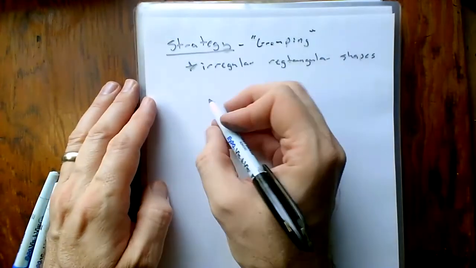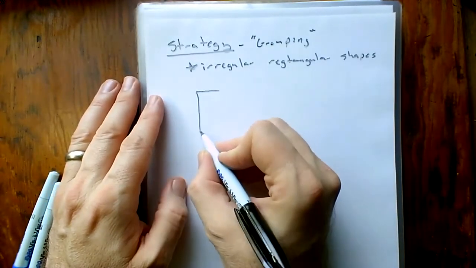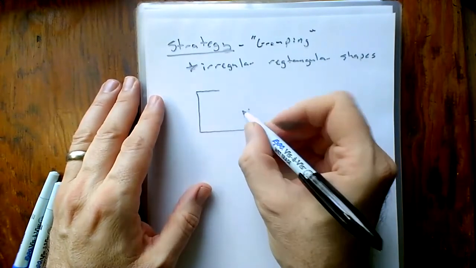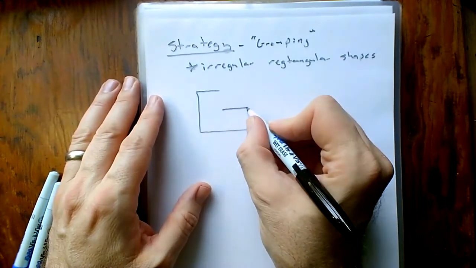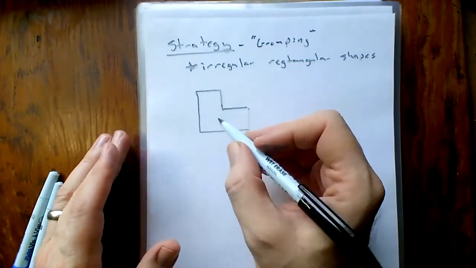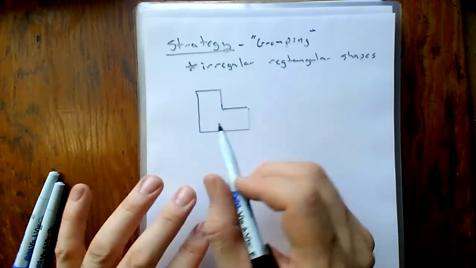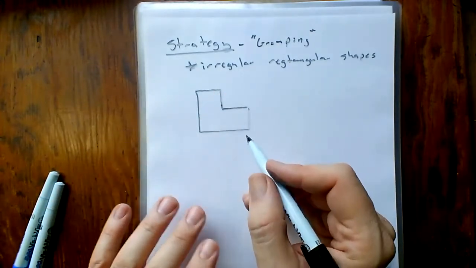So say I've got something like this, where I could think of this as two rectangles, or I could think of this as three rectangles stuck together, whatever.